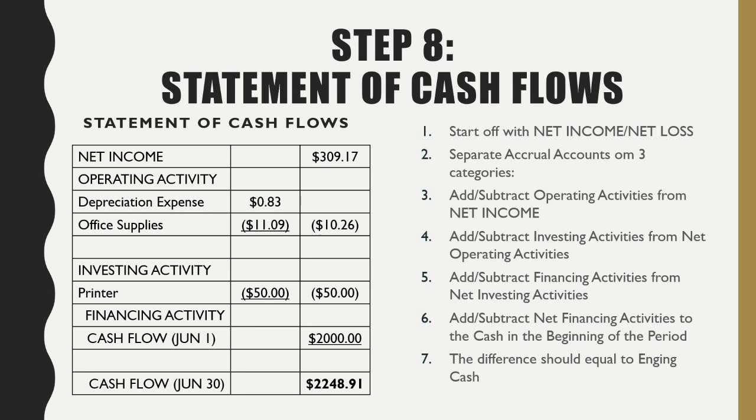For your accounts payable, did you actually make the payments already? Of course not. So what you're going to do is add that back into your cash flow because you haven't paid them yet. So again, accounts receivable and accounts payable are looked upon as accrual accounts because it's not cash.